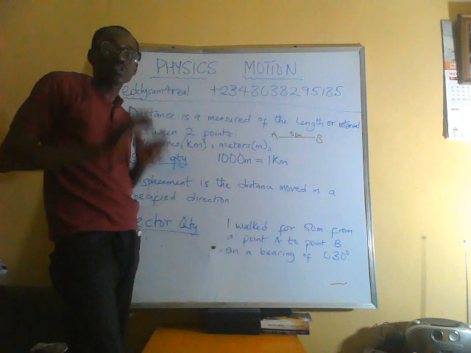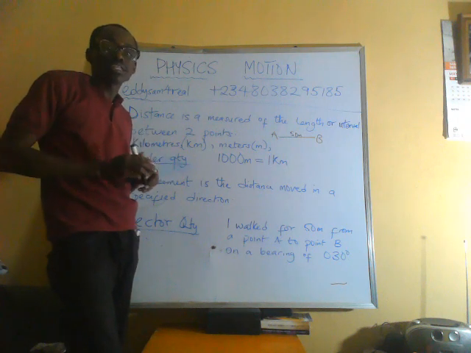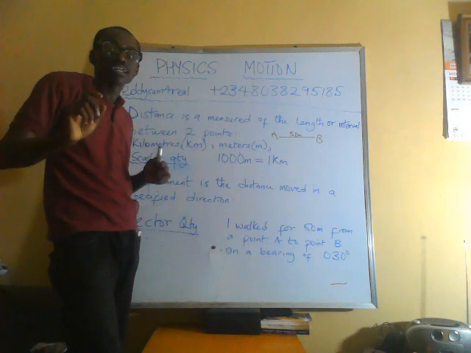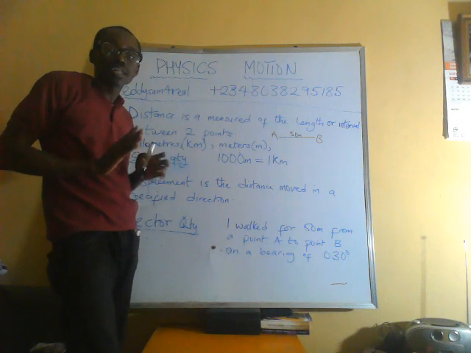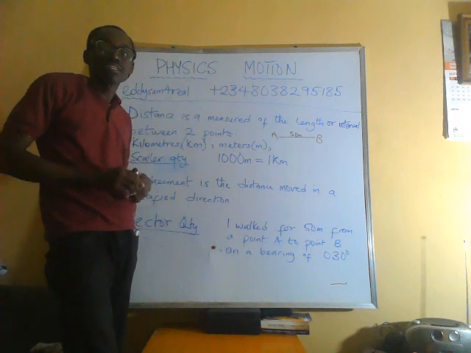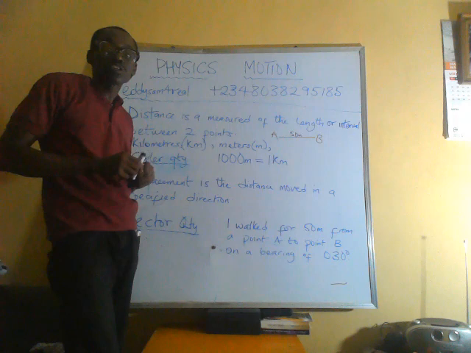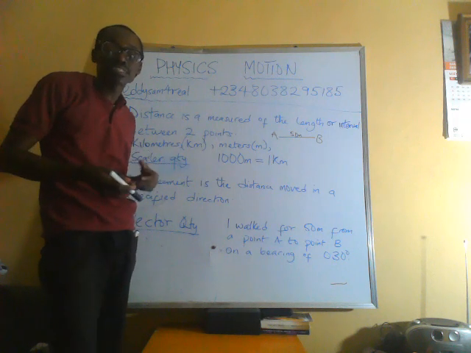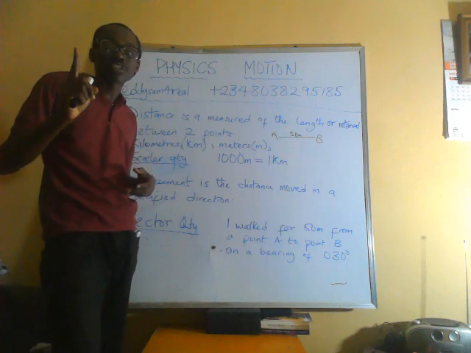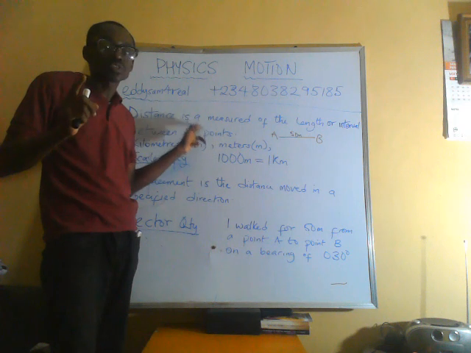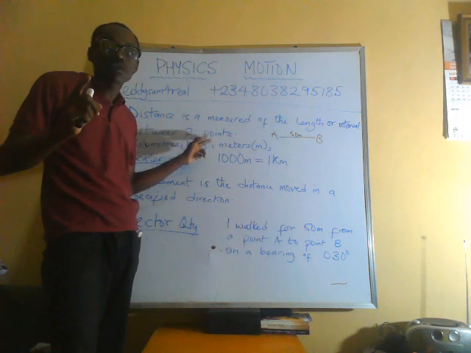So once the direction in which the distance is being measured is stated, at that point we are referring to displacement. And displacement is measured in the same unit as distance, meters, kilometers, miles, and the rest, but you have to state the direction. So displacement, unlike distance, is not a scalar quantity.